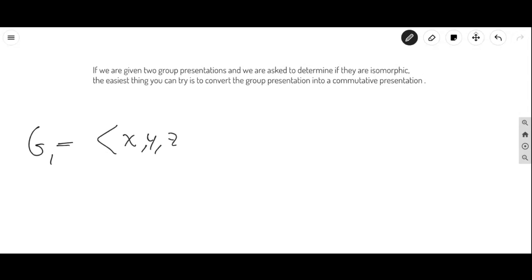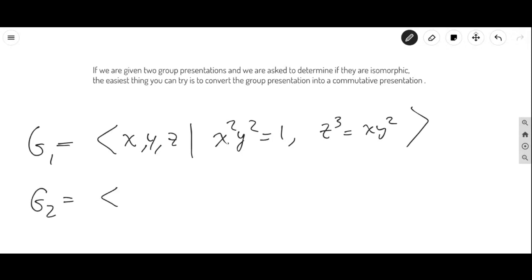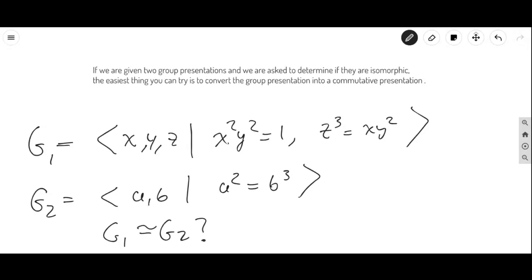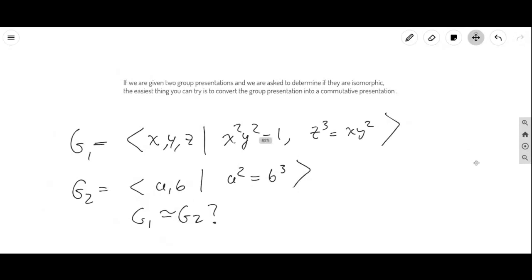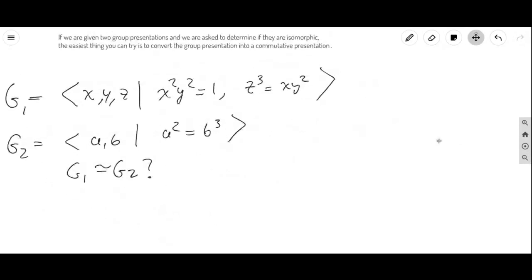It has 3 generators, and you have x squared, y squared is 1, and z cubed is xy squared. And then I give you another group with 2 generators, let's say a and b, and here you have a squared is equal to b cubed. And then I ask you, is G1 isomorphic to G2? Do these two presentations describe the same group, or are they different?